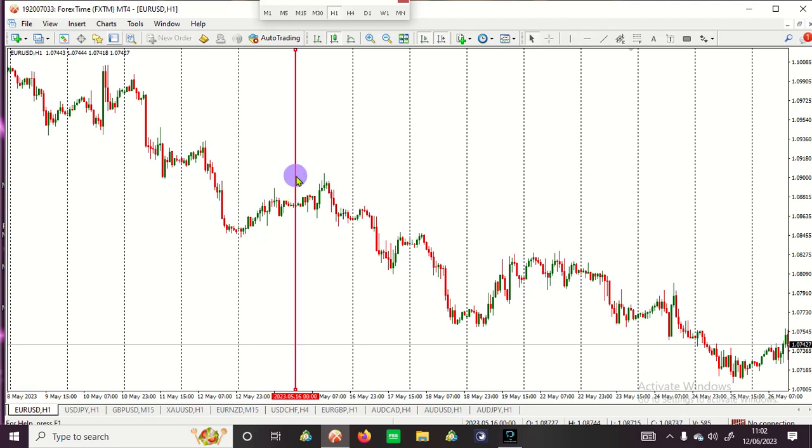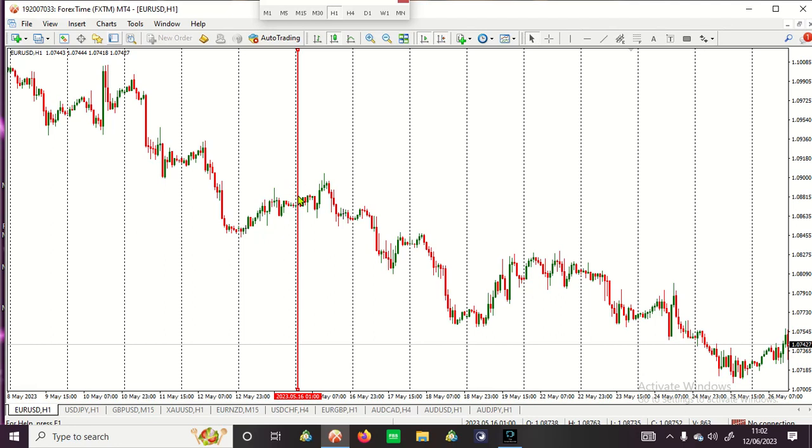The day begins from here and ends here. This is another day, and another day started from the same point and ended here. We'll be using this period separator to anticipate the direction of this market.